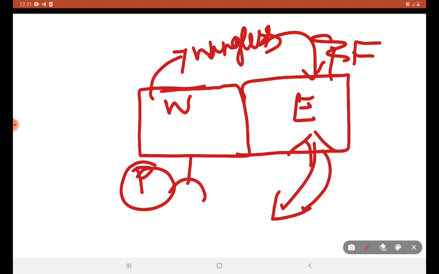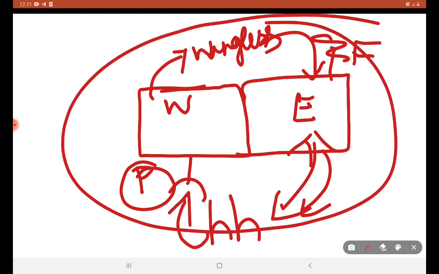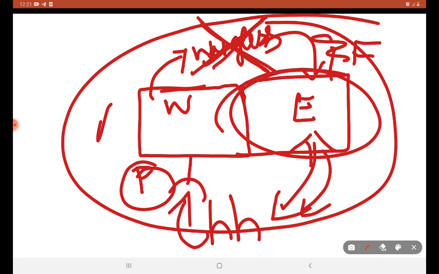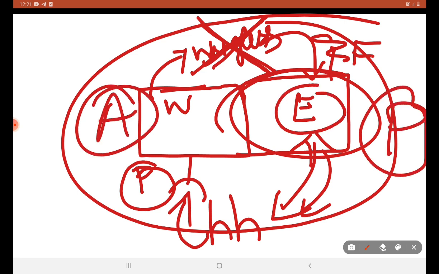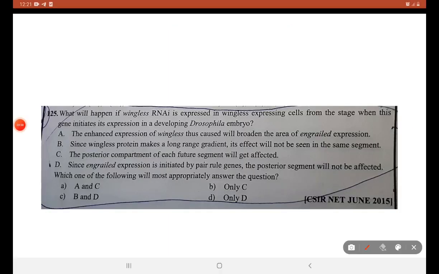It forms hedgehog, which goes and attaches. So this is the process. If engrailed is not functioning, it will interfere; wingless will not function. So engrailed will be affected. This is the anterior segment, this is the posterior segment. So engrailed will be affected. The right answer is C.